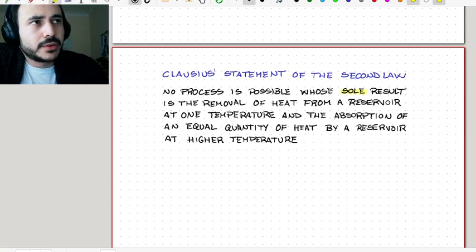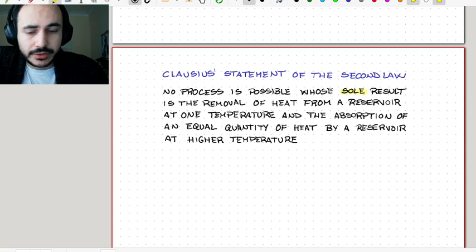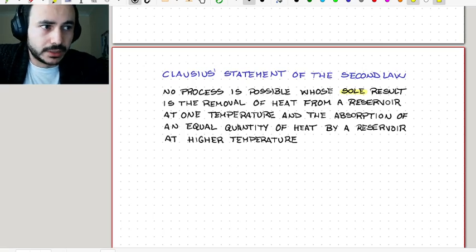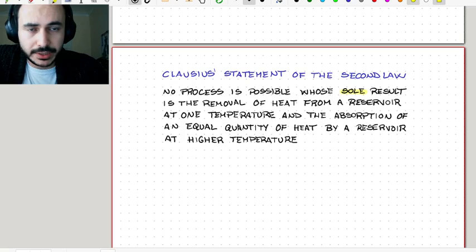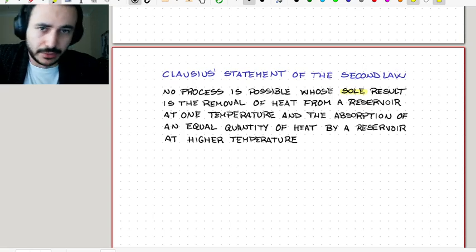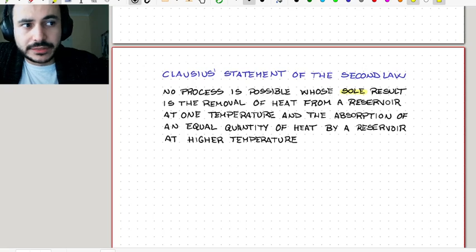Now remember that when we introduced empirical temperature scales, we said that a meaningful temperature scale is such that it assigns a higher temperature to those bodies from which heat flows naturally into others, right? So if you have two systems, A and B, and you see that system A will give out some heat to system B naturally and spontaneously, then any decent temperature scale should tell you that system A is at a larger temperature than system B.